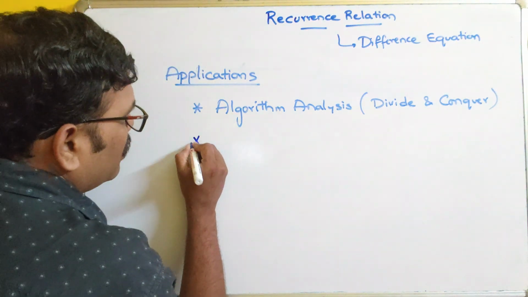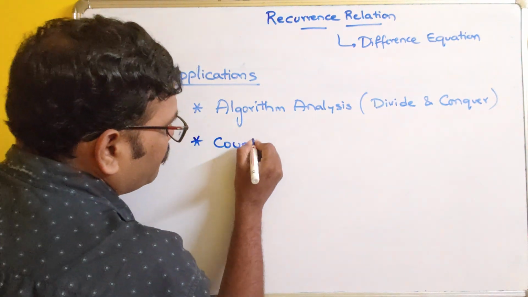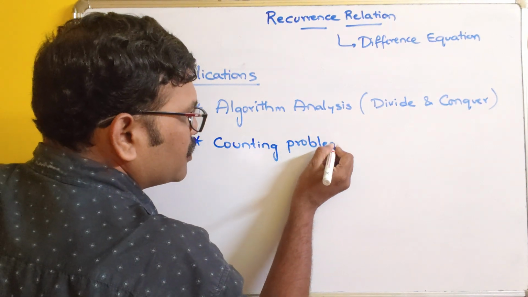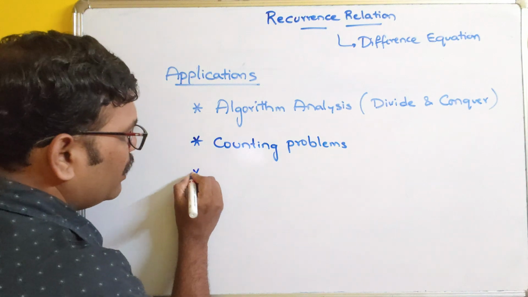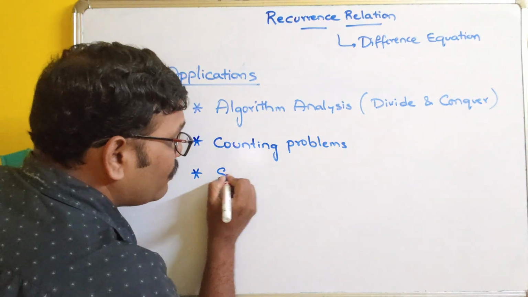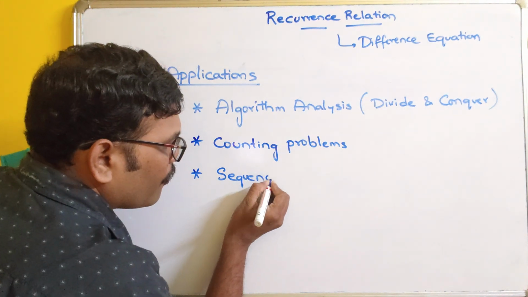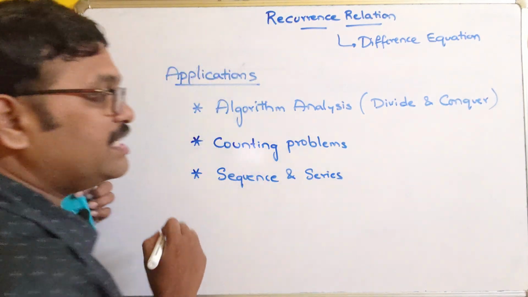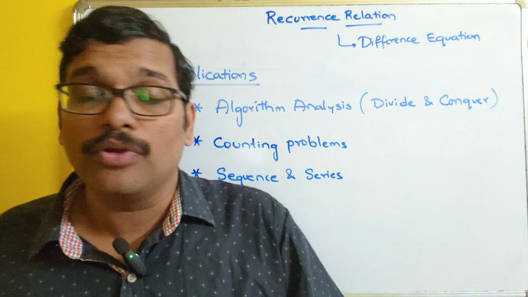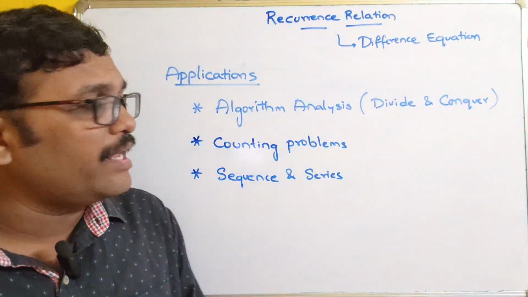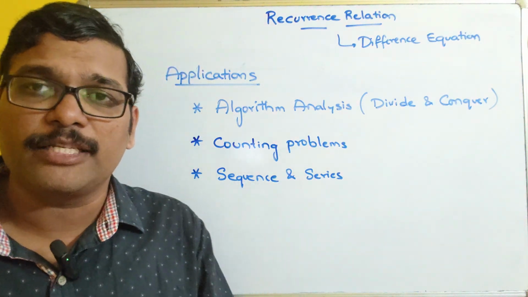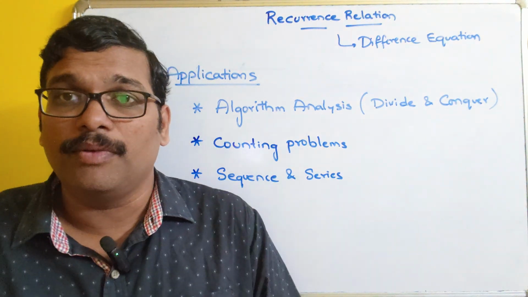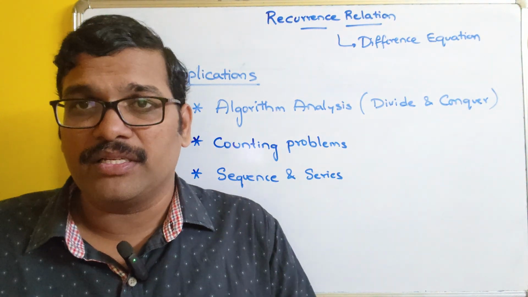The second one is counting problems. And the third one, we all know, sequence and series. We'll be writing different examinations, and in those we can expect a question on sequence and series. We need to find the next term following the particular sequence, right?